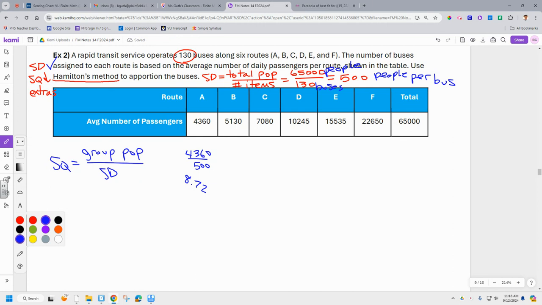And do that all the way across. 5130 divided by 500 is 10.26. Divide by 500, 14.16.